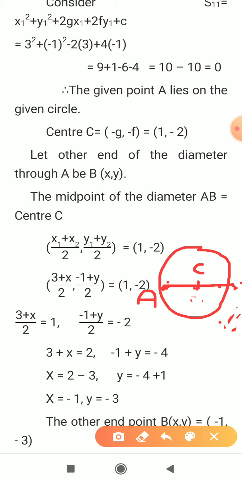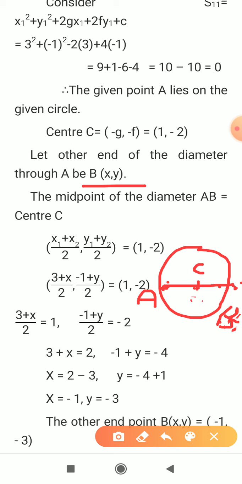So let the other end of the diameter through A be B(x, y). Here AB is the diameter, so the center C is the midpoint of the diameter AB.